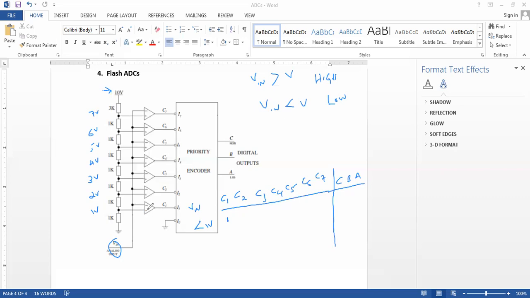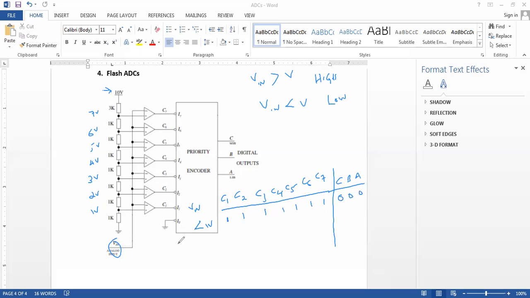Since we'll be comparing 1 with a voltage less than 1, the output is high. Similarly, we are comparing this 1 with 2, and C2 will be high. For all the input signals, C1 to C7, they will be high. And at that point, the output of the priority encoder will be 0, 0, 0.